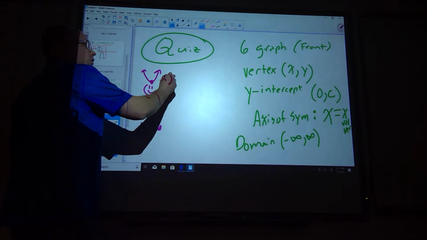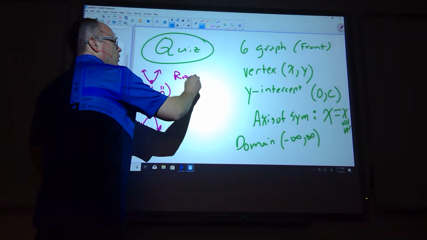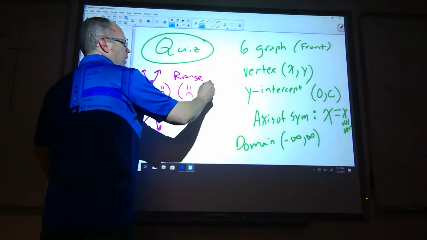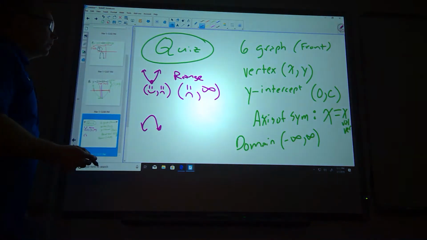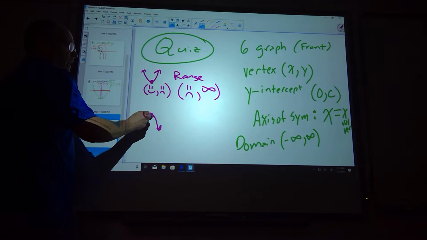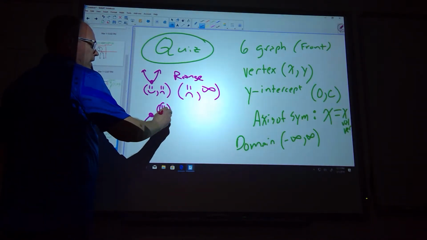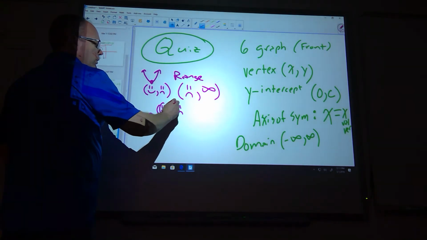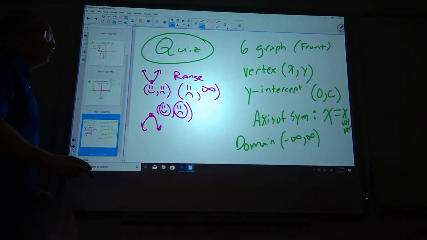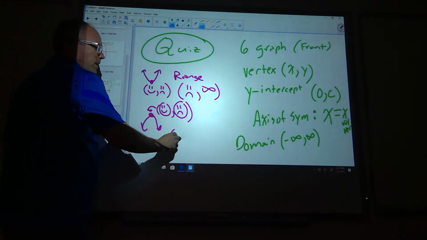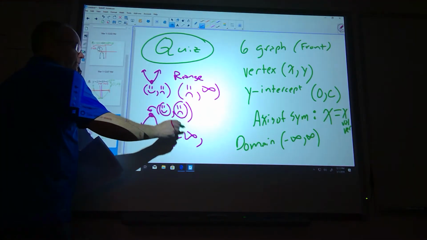The range on this one would go from frowny face to infinity, because it's going up. But if I have a parabola that's opening down, with the vertex as the point smiley face, frowny face, the range here is coming from negative infinity and going up to frowny face.